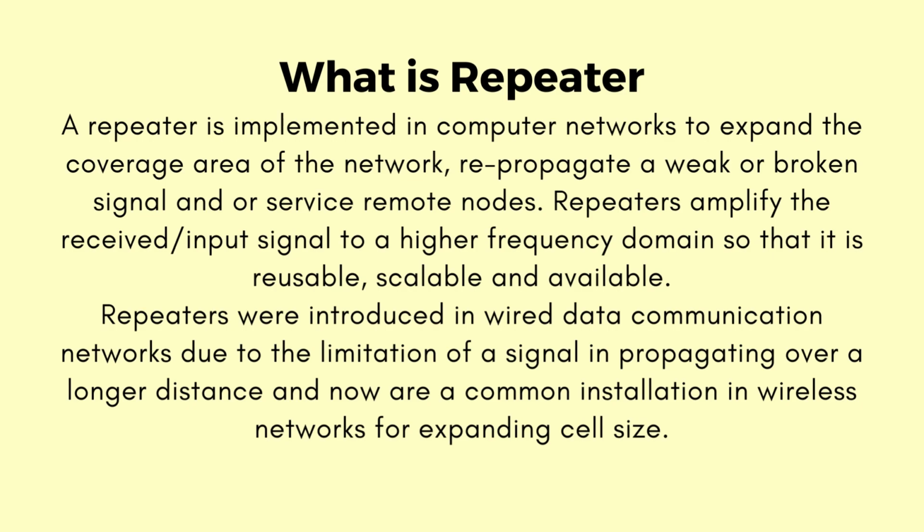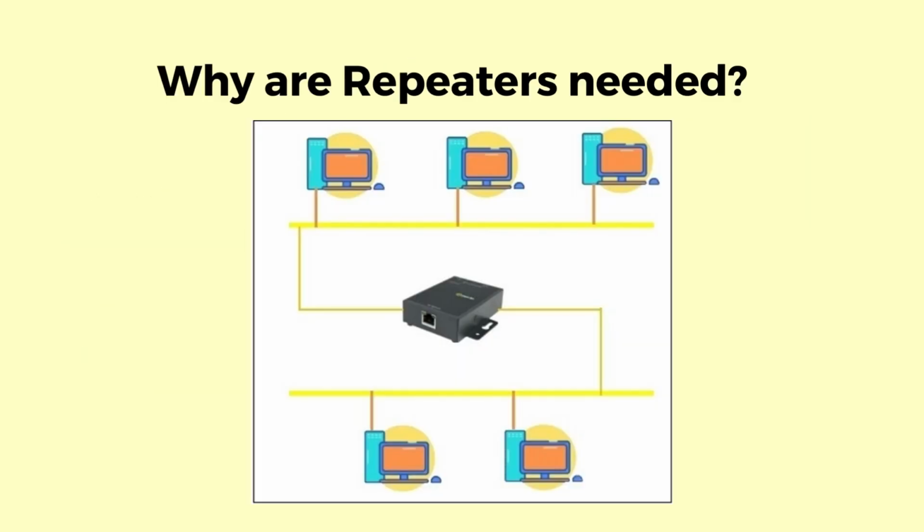Repeaters were introduced in wired data communication networks due to the limitation of a signal in propagating over a longer distance, and now are a common installation in wireless networks for expanding cell size. Why are repeaters needed?